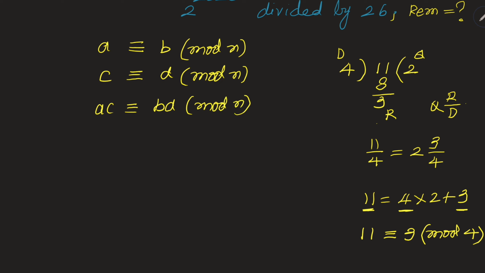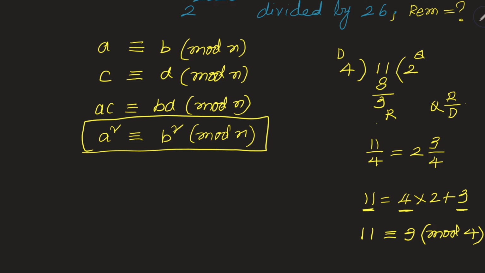If A gives a remainder of B when divided by N and C gives a remainder of D when divided by N, then AC will give you BD as the remainder when divided by N. Not only that, we can also say that A square when divided by N will give the remainder B square. Now this is what we are going to use in this particular problem. That's the only thing we are going to use.